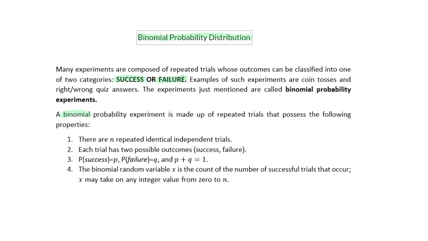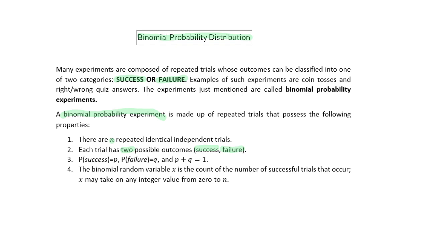A binomial probability experiment is made up of repeated trials that possess the following properties. Number one, there are n repeated identical independent trials. Number two, each trial has two possible outcomes, success or failure.